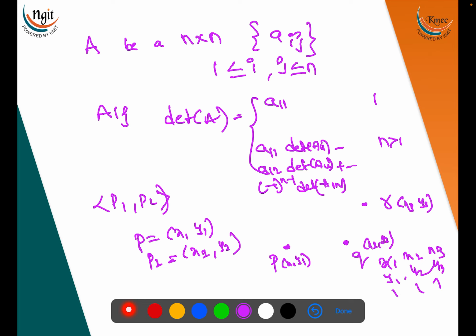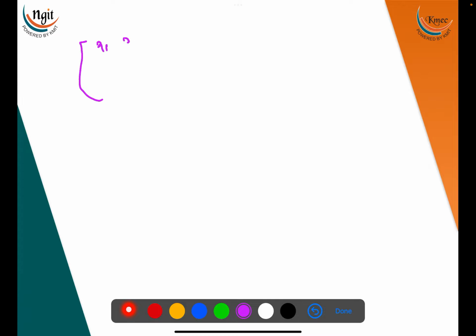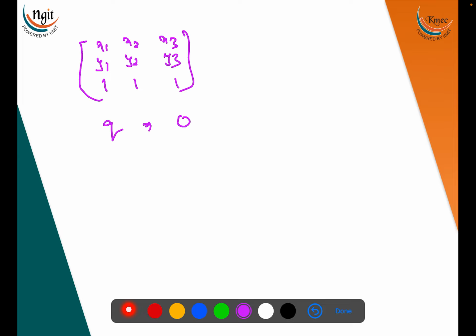So we'll find out the determinant of this matrix. If the determinant is positive, for those 3 points we have taken, P, Q, R, then Q is to the left of P1, P2. If the determinant is 0, the 3 points are collinear.